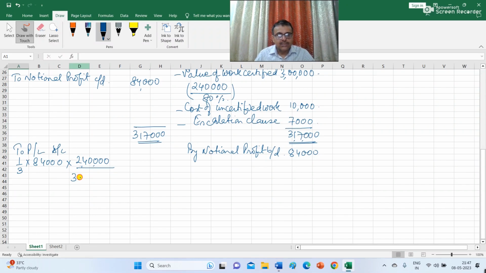So value of work certified was 3 lakh and there will be an increase of 7,000 due to the escalation clause. So the amount that will be credited to PL account will be 21,889 and to WIP provision is rupees 62,111.